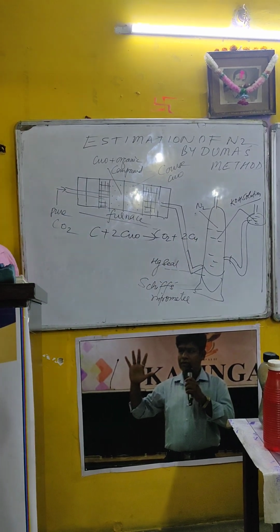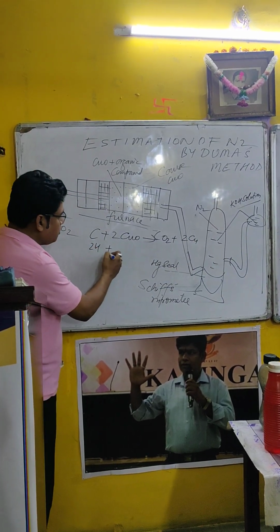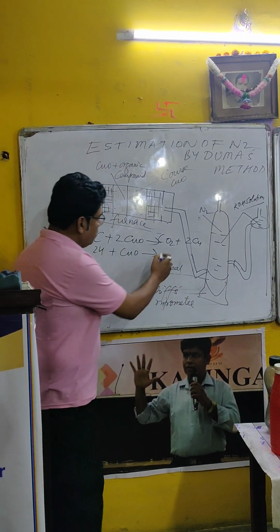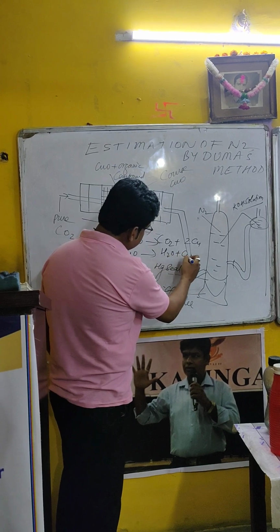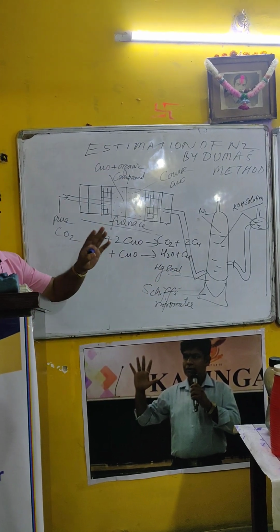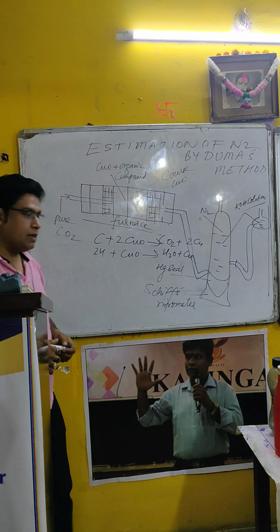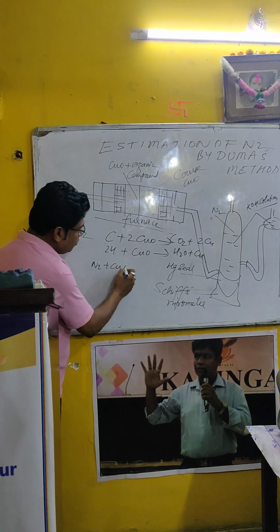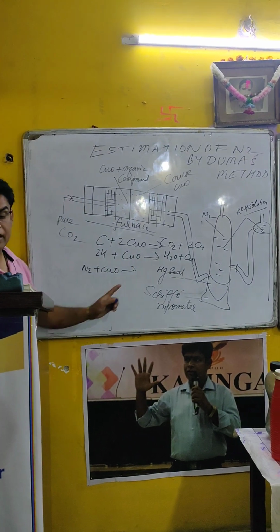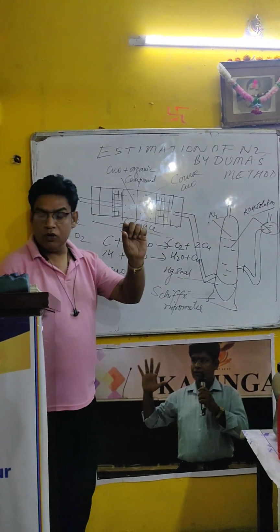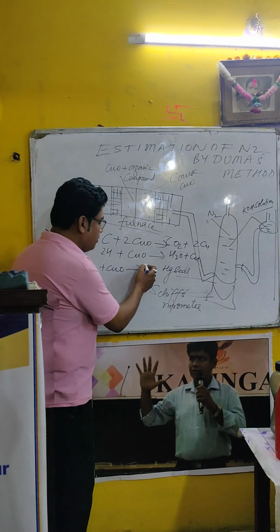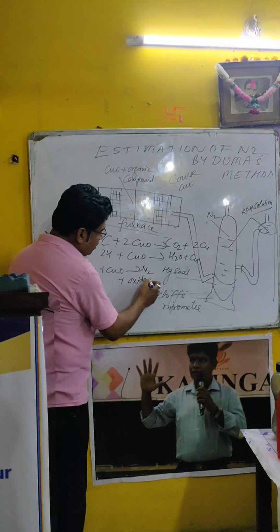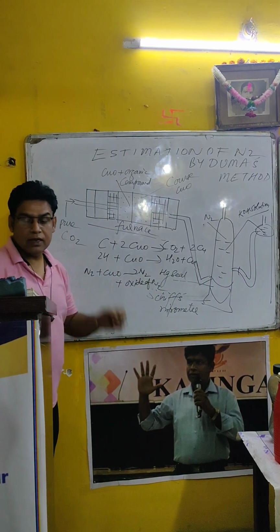In the same way, if you have hydrogen, 2H plus CuO, it gives H2O plus Cu. In the same way, if you have nitrogen plus CuO, it will give you nitrogen plus a small amount of oxides of nitrogen, as you can see.